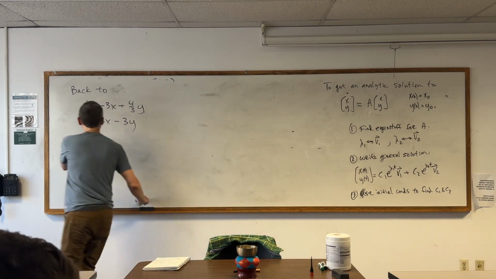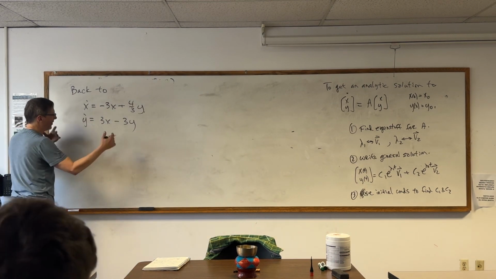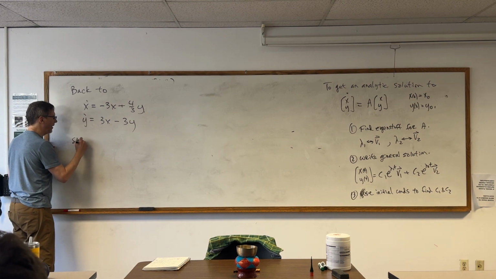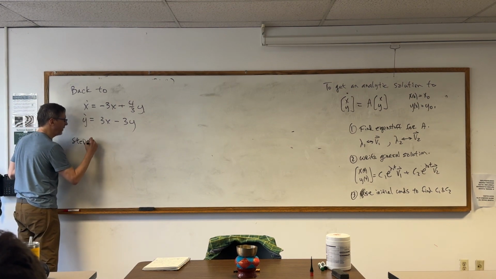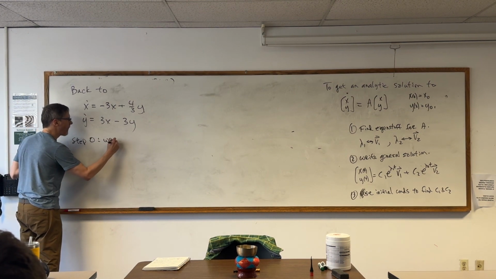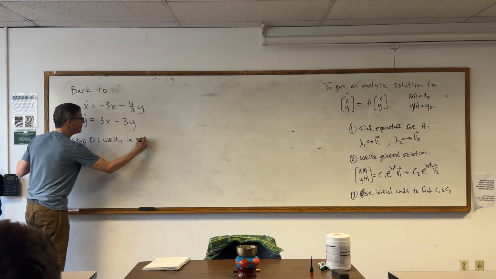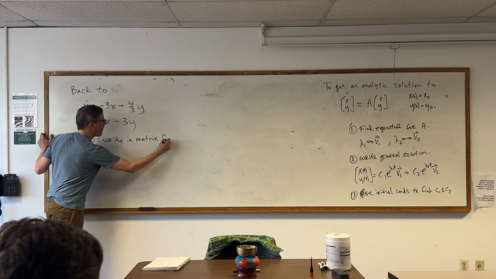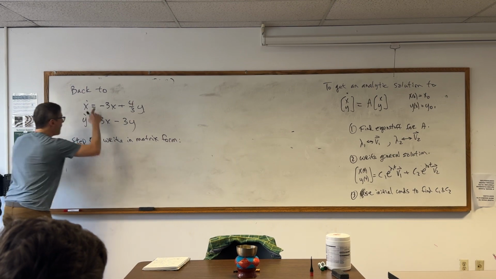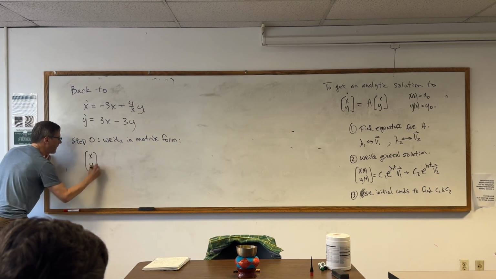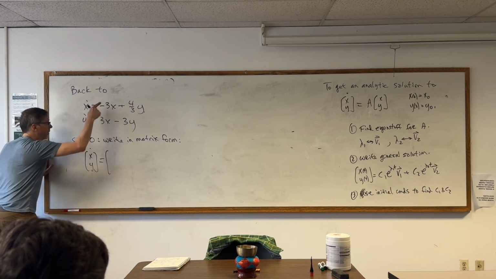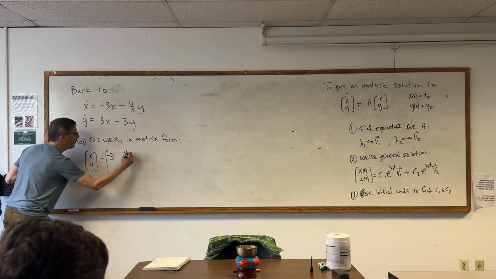All right, step one, turn this in. I guess there's a step 0, which is write as a matrix. So (x, y) dotted equals, what is the matrix? Just copy the coefficients.